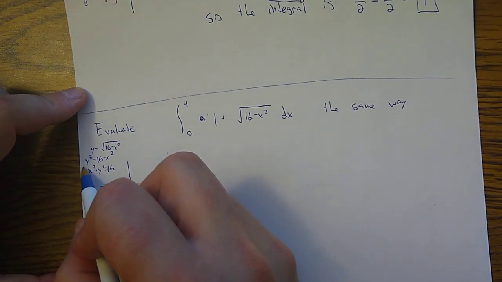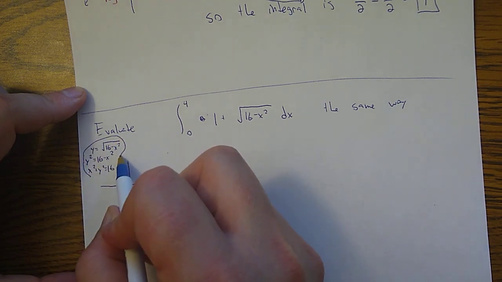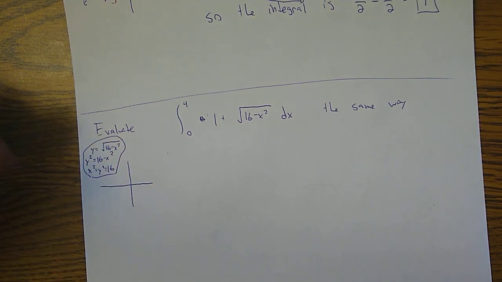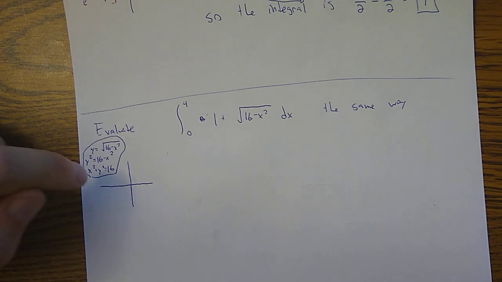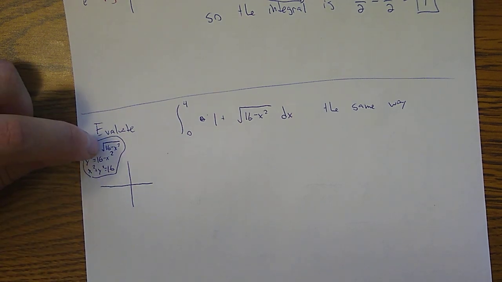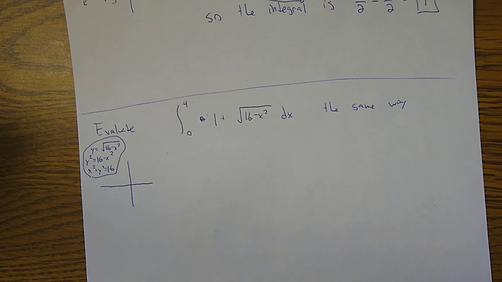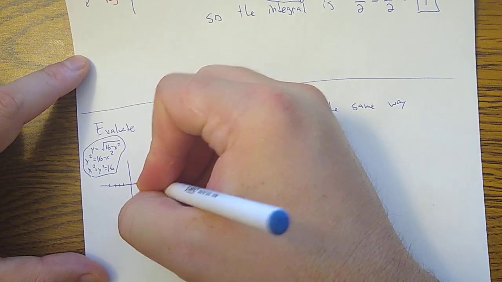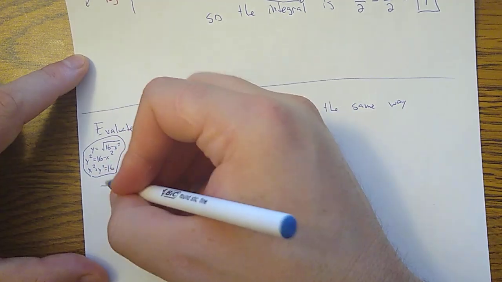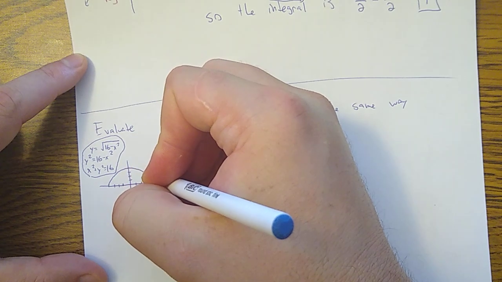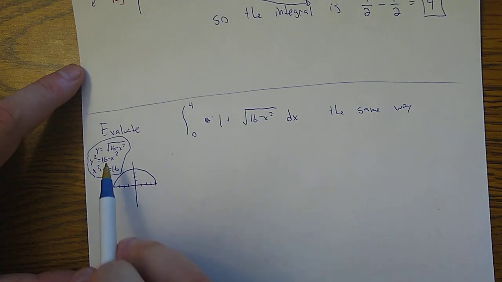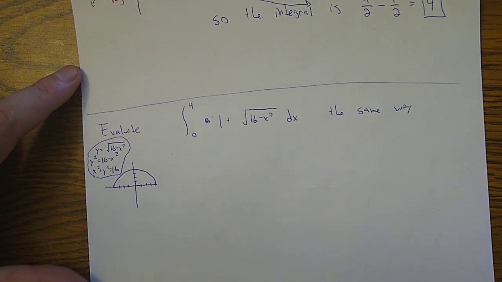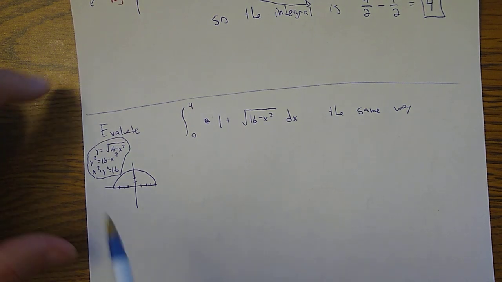So actually, this is a circle of radius 4, except because y is just the positive square root, it's just the top half of this circle. That would be the graph of just this, right? But we don't have just that, we have that shifted by 1.